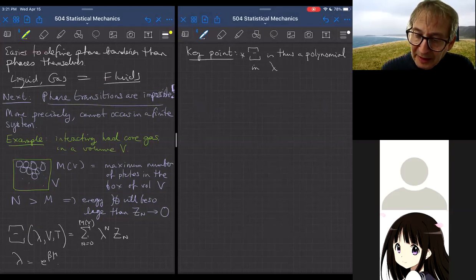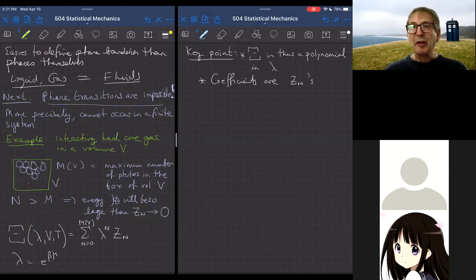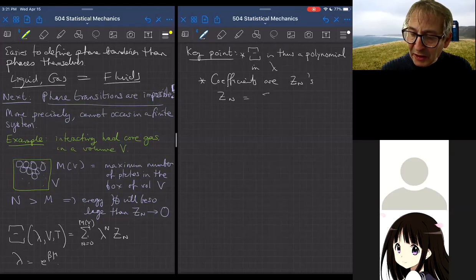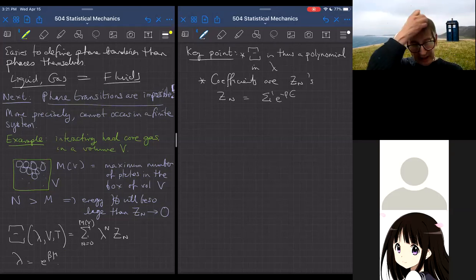Most importantly, not just that it's a polynomial, but the coefficients of the terms in the polynomial are the Z_N's. So the coefficient of lambda squared is Z_2, the coefficient of lambda cubed is Z_3, and so on and so forth. And the Z_N's are the sums of e to the minus beta energy type terms.